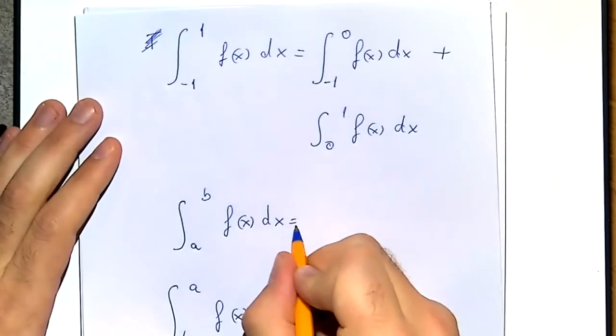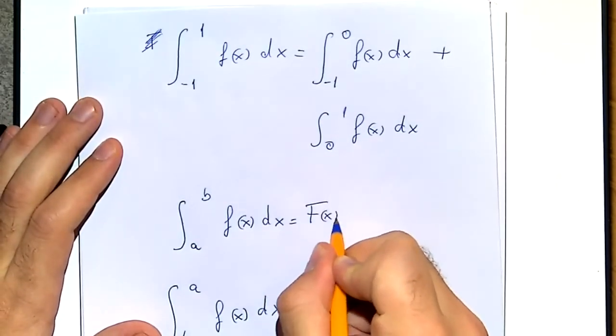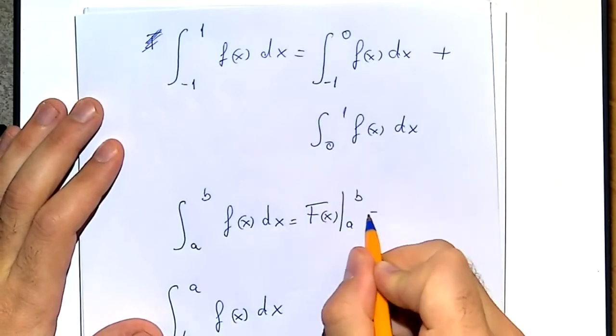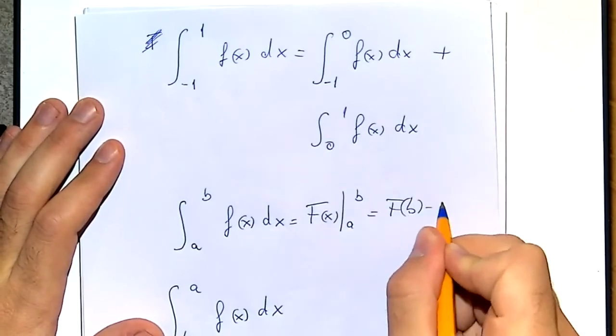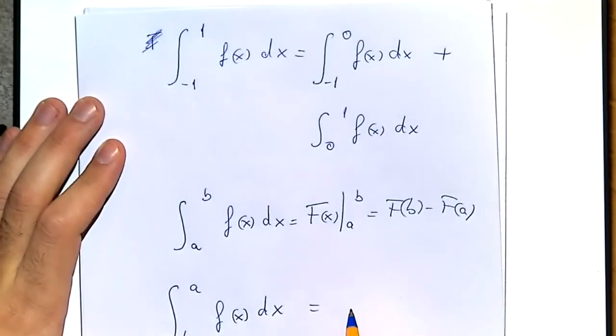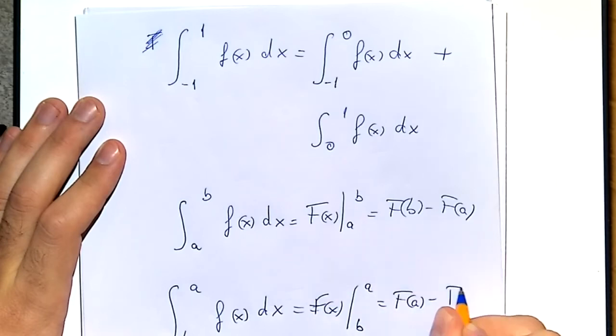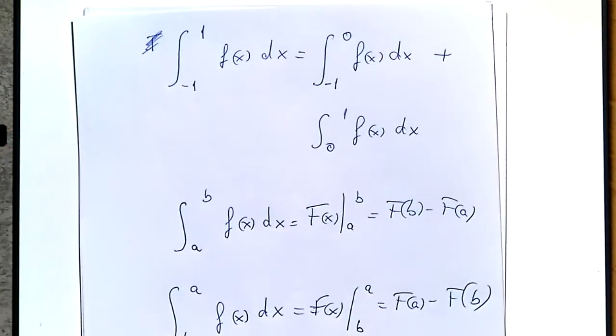The formula tells you it's f of x between a and b, so it's f of b minus f of a. And this is the same thing, but from b to a, so it's f of a minus f of b. So they're just opposite.